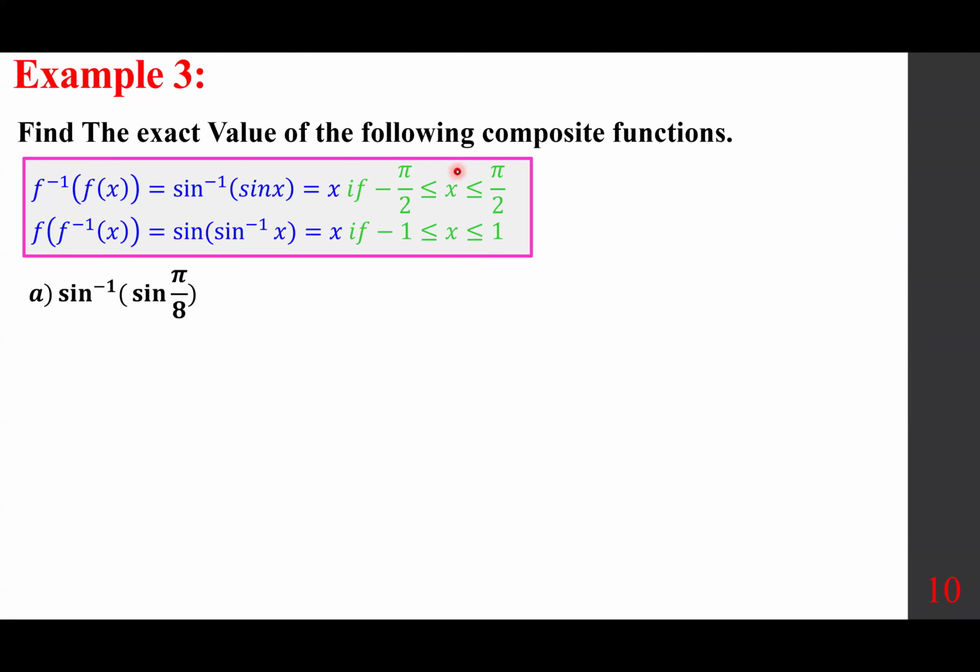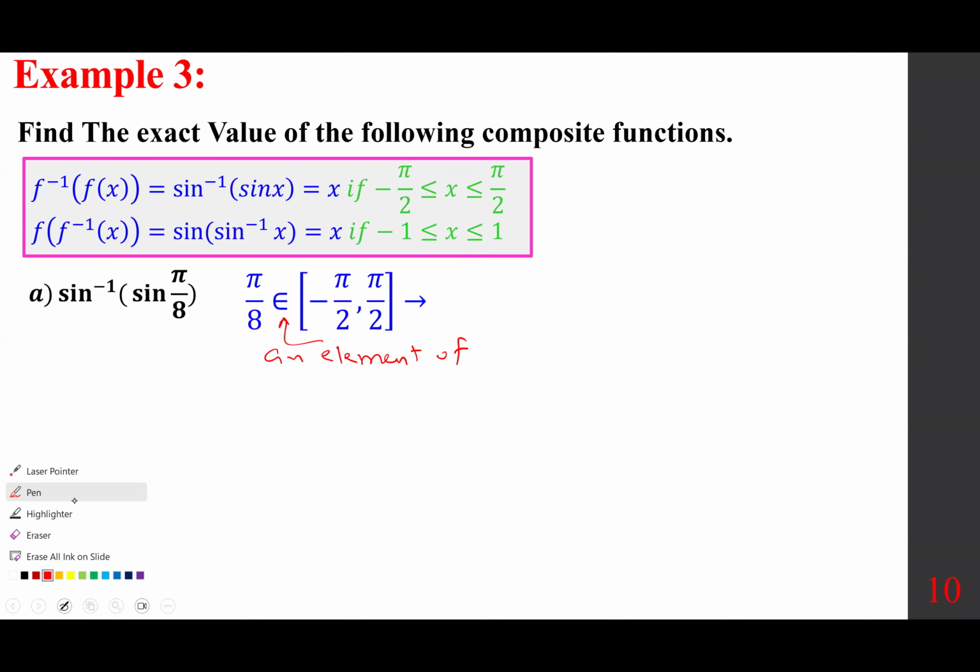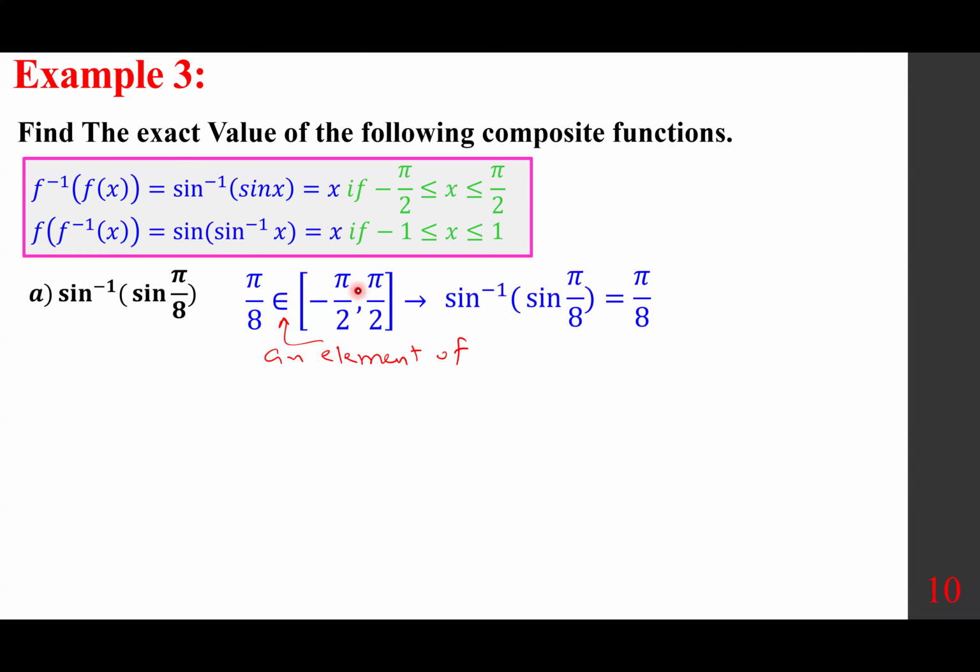If it is, then the answer is itself. Yes. Pi over 8 is an element of, this is read "an element of", that means it's in between. Because this is in between, the answer is pi over 8. And we're done.